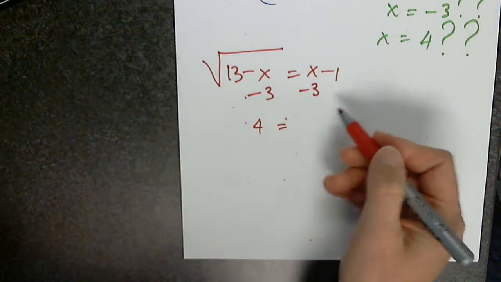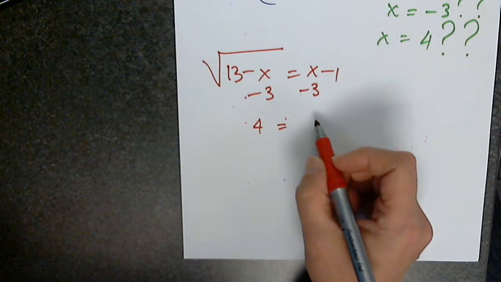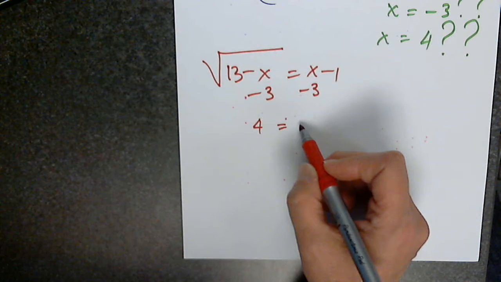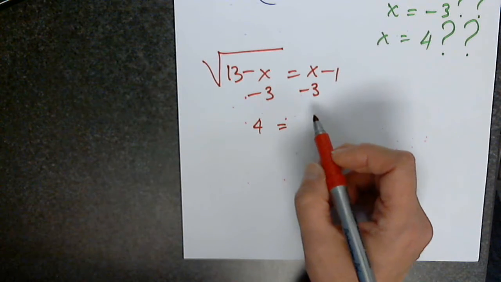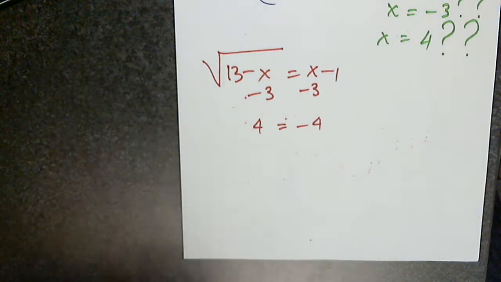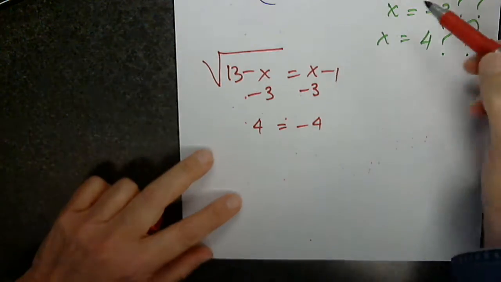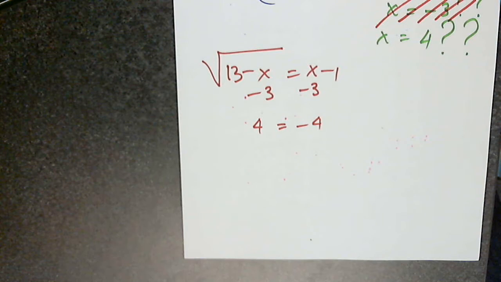What do I have on the right-hand side? How much? Good. So is this acceptable? No. So therefore, this is not a solution. This is what we call the extraneous solution.